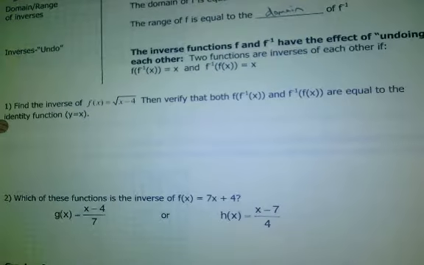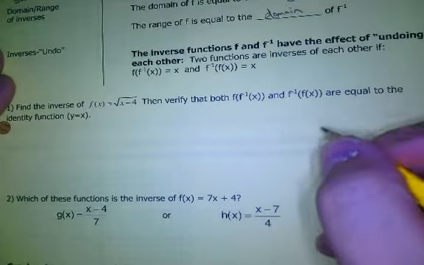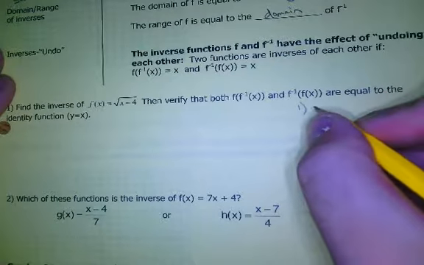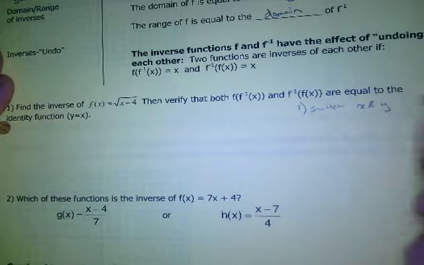So, find the inverse of f of x, which is root x minus 4, and then verify that they are equal to the identity function. To find the inverse, step 1 is switch x and y.